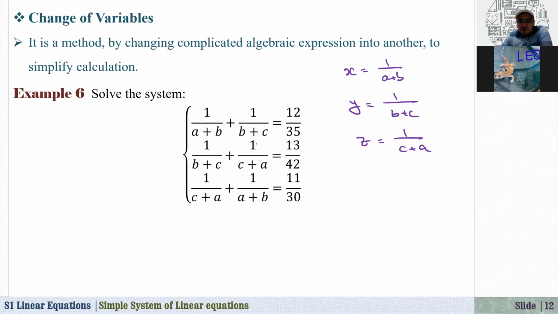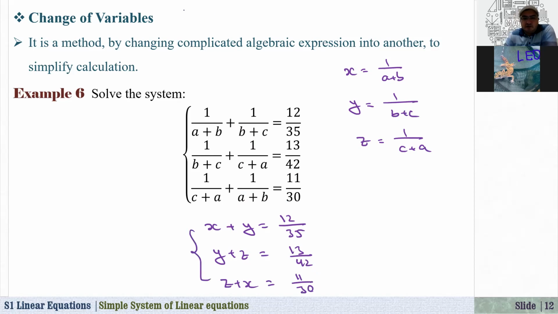Then we have these equations: x plus y is equal to 12 over 35. The second one is y plus z is equal to 13 over 42. The last one is z plus x is equal to 11 over 30.